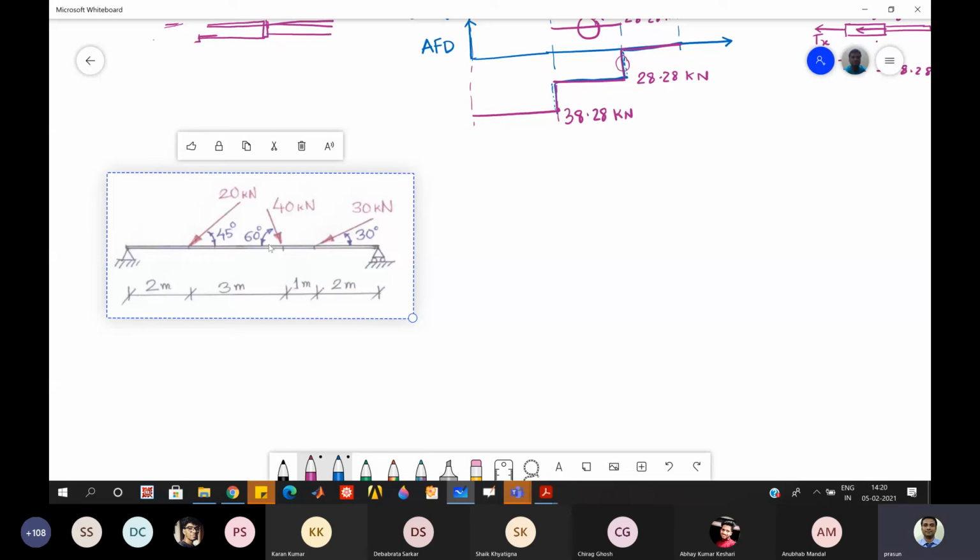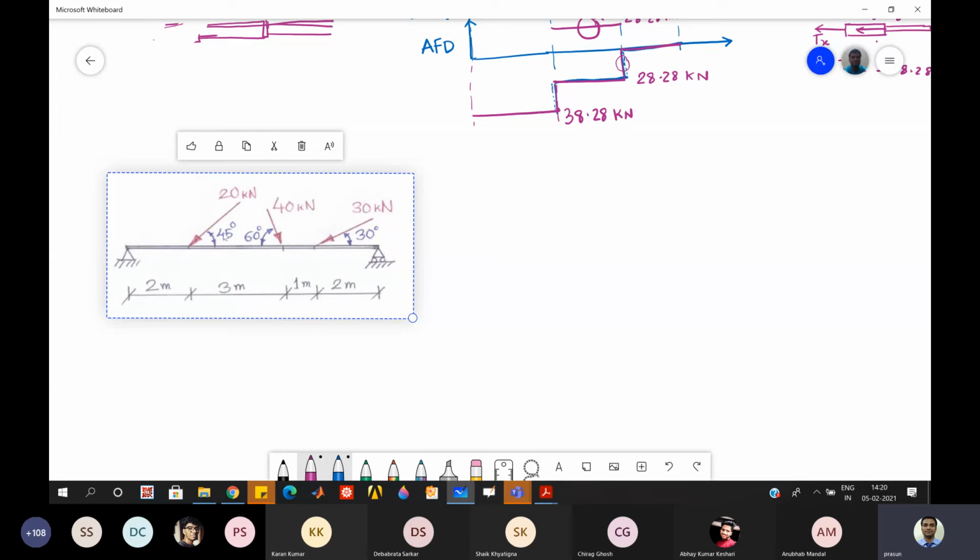Give you the shear force and bending moment as you have done earlier, the other tutorial sheet. And the forces along this axial direction will be, okay. So here we will be only concentrating on the axial force for drawing the axial force diagram.